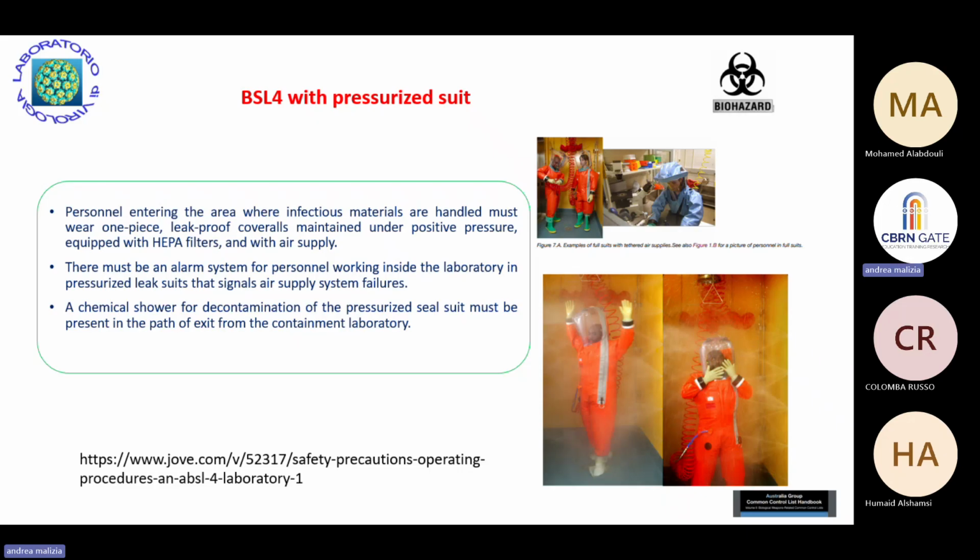And the chemical shower after the work is mandatory. In the other situation, there is no chemical shower because you don't use the pressurized suit.